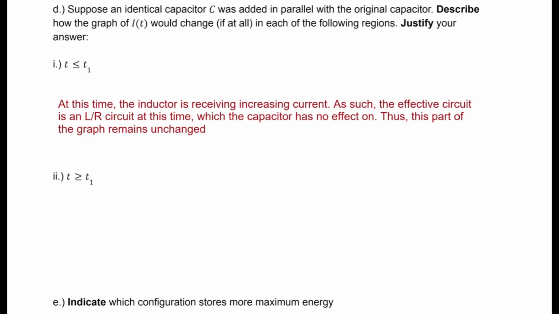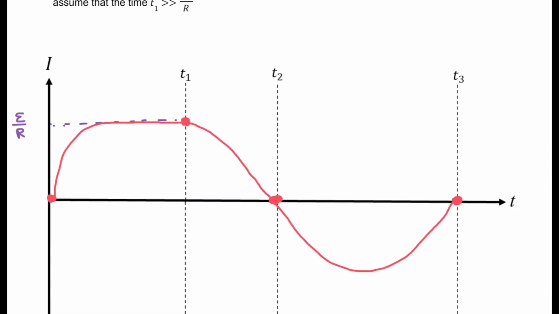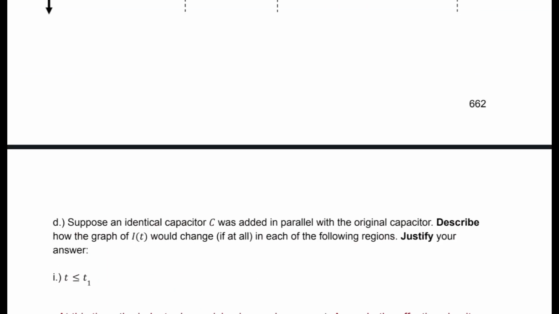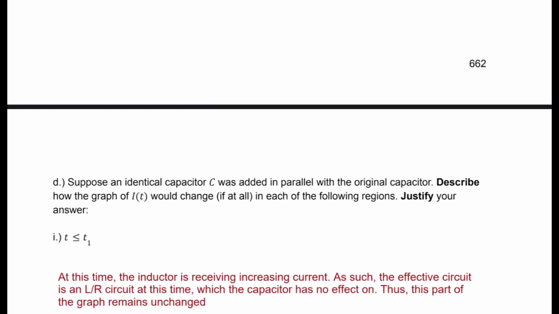So first of all, we can see that adding a capacitor in parallel, an identical one at least, would double the capacitance. So we know that what's happening here is that C is turning into 2C.